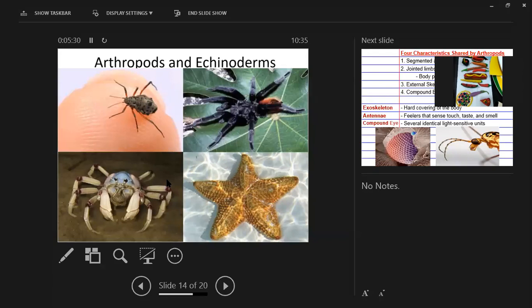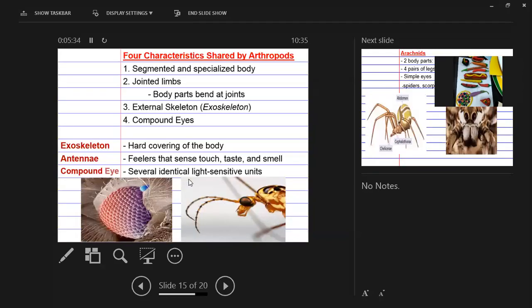Arthropods and echinoderms. Four characteristics shared by arthropods: segmented and specialized body, jointed limbs, external skeleton, exoskeleton, compound eyes. 1, 2, 3, 4 only.